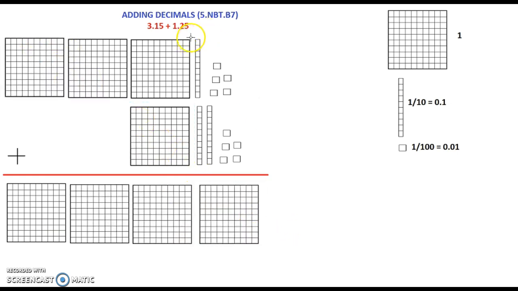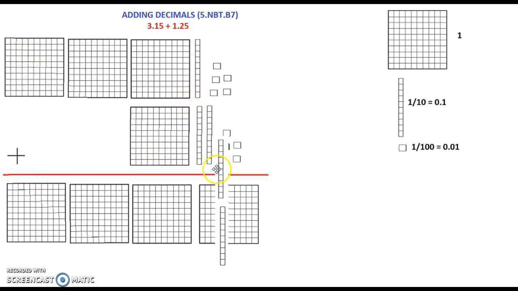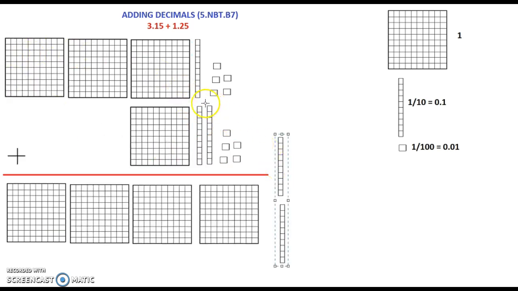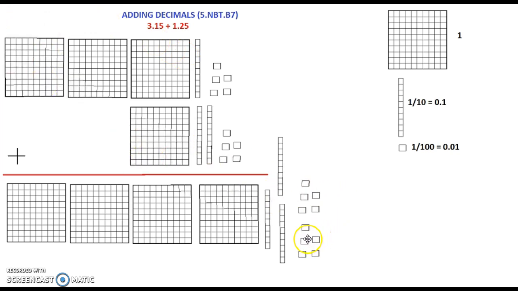I have 3 rods, which would be 3/10ths. So here's 2, and let's get that third one. So here's 3/10ths. And now I have 5/100ths up top, and I have 5/100ths below.